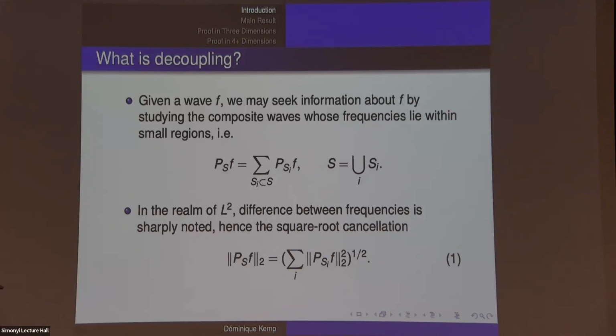Now in the realm of L2, it is standard that square root cancellation applies, relating the L2 norms of these Fourier projections to the Si and the L2 norm of the original Fourier projection. And decoupling can be seen as motivated by this square root cancellation. You'd like to generalize it to arbitrary p-values.